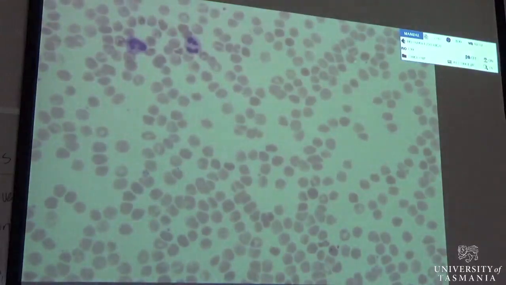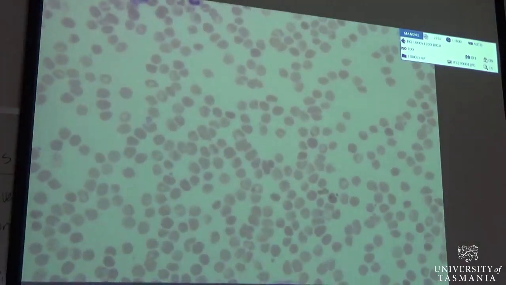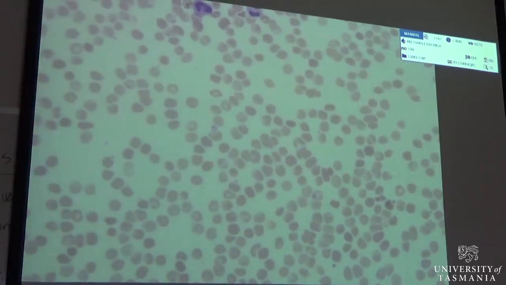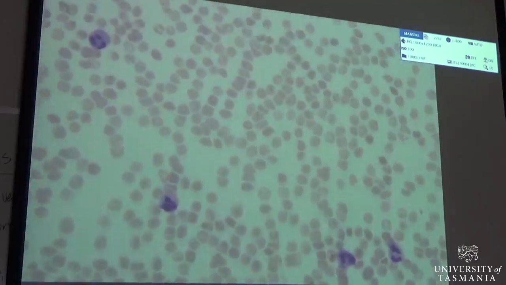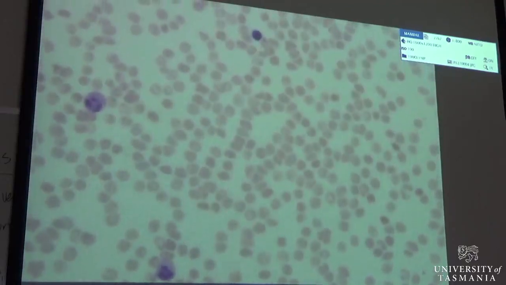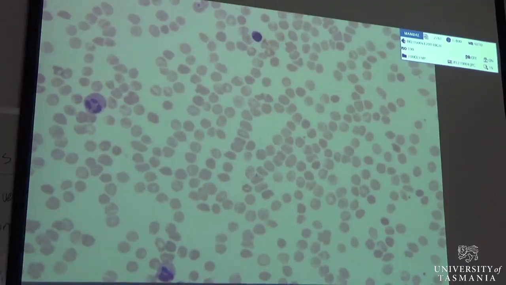So when we look at our cells here, you may recall that I talked in the lecture, in the sheet, about the fact that in these macrocytic anemias, particularly where the plasma lipid ratios are different in the cell membrane, the neutrophils, they're not toxic, but they're certainly different to what you would expect to see.